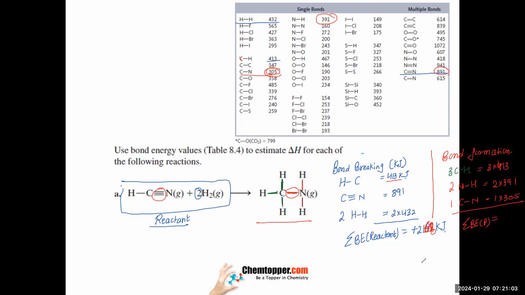Yeah, why not? Carbon can make, you remember carbon has four valence electrons, and I told you in Lewis dot structure, it can make four single bonds with other atoms. It can make a double bond and two single bonds with other atoms. It can make a triple bond and a single bond with other atoms. See here, it's making a triple bond with itself. It's making a triple bond with oxygen. It's making a triple bond with nitrogen. Carbon is very popular for triple bonds. Very versatile.